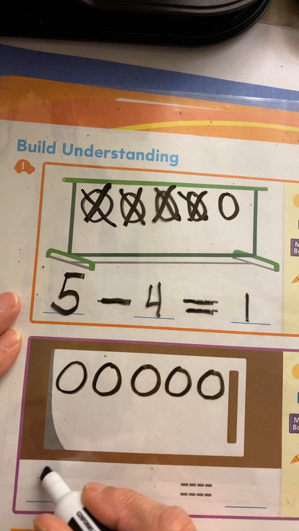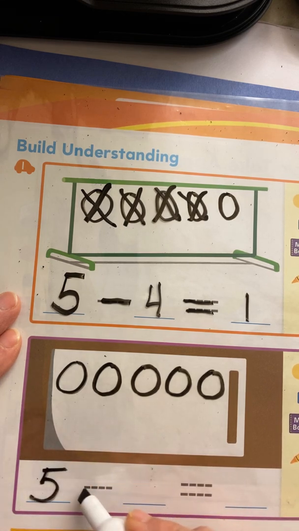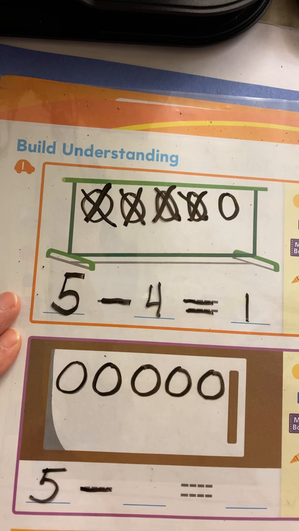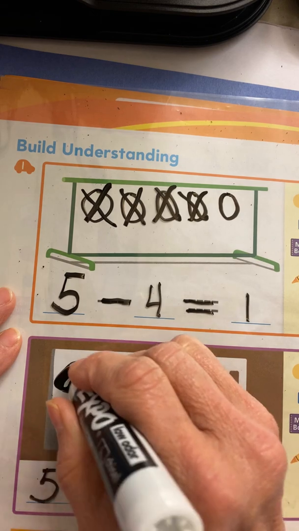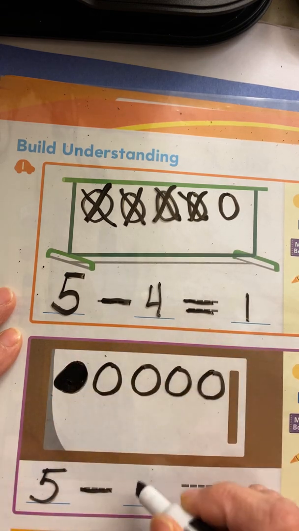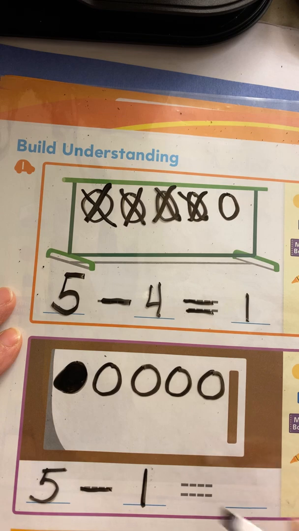So 5 vegetables on the cutting board. And we're going to write a 5 because there are 5 of them there. And we're going to take some away, so trace that minus sign. 1 vegetable is a potato. Well, I'm going to color one of them in. That's my potato. Equals, the rest are carrots.